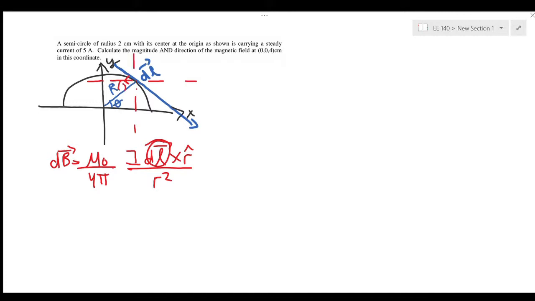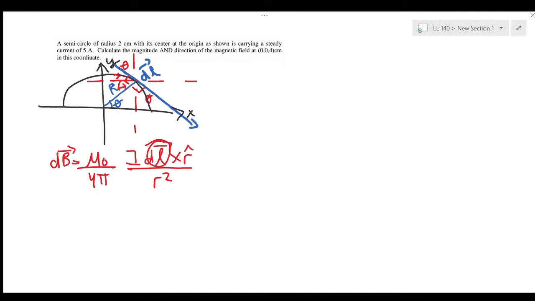This would be theta. This would be alpha. This would be theta. And this angle is 90 degrees. So this would be theta.